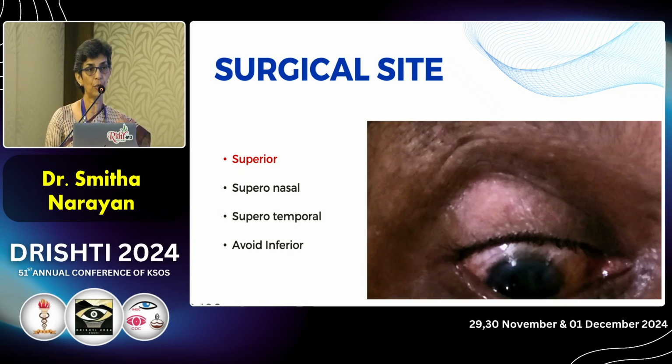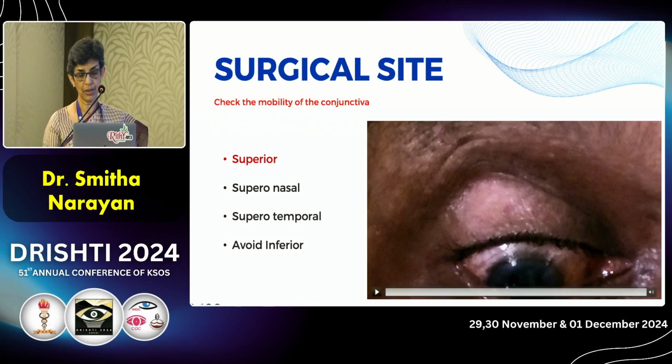If you are to perform a trabeculectomy subsequently, this will allow you enough space for a second trab or placing a glaucoma drainage device. Avoid the inferior position because that is where infections are more likely to occur.